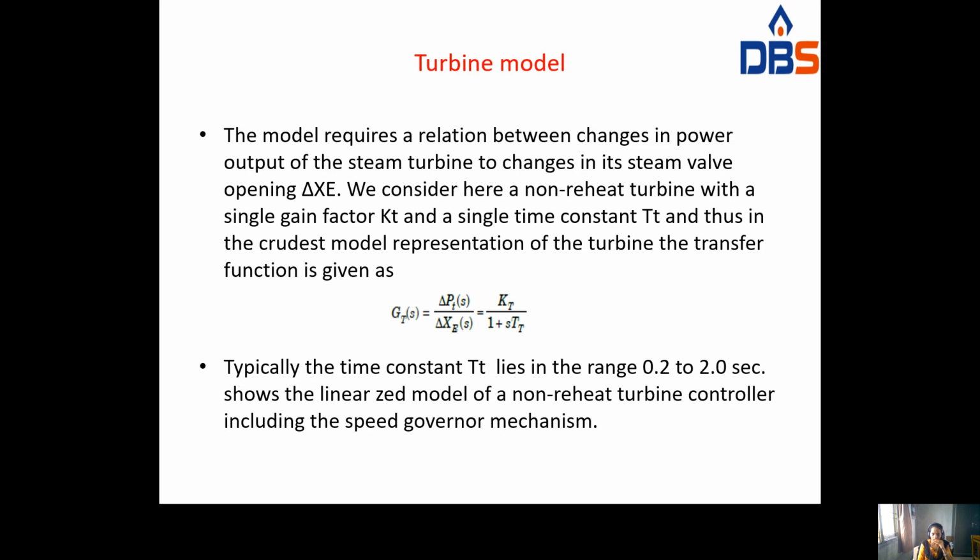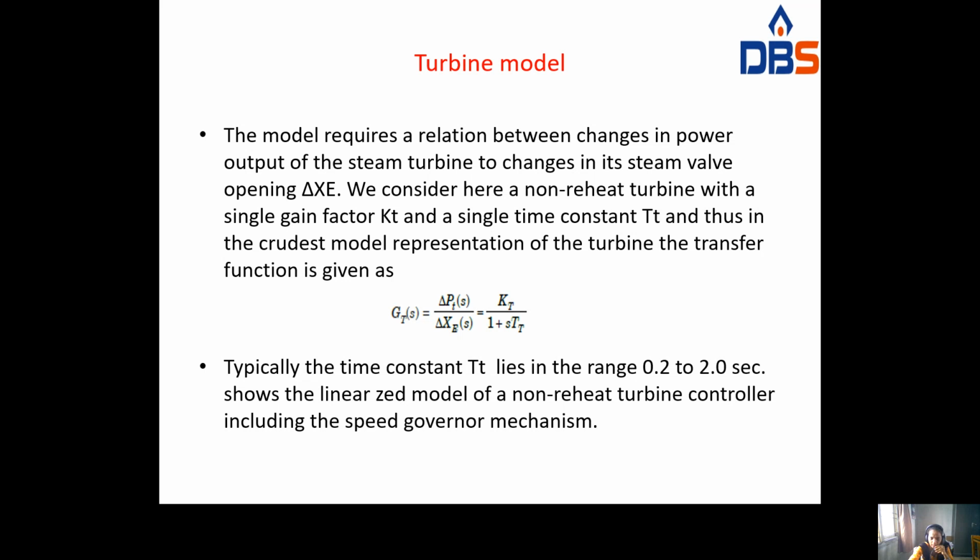We consider here a non-reheat turbine with a single gain factor KT and a single time constant TT, and thus in the crudest model representation of the turbine, the transfer function is given as GT of S equal to delta PT of S divided by delta XC of S. That implies KT by 1 plus STT. Typically, the time constant TT lies in the range of 0.2 to 2 seconds.